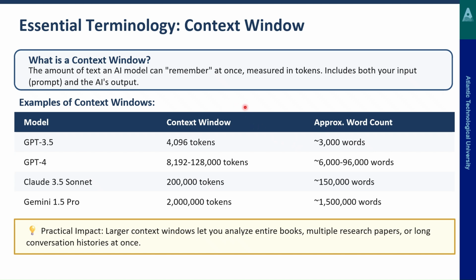So it's not going to remember what you were chatting about, and you're back to square one again. We'll look at that again when we get into the limitations. But before we even get there, it helps to understand that this context window is the limit on the tokens that we can process, and that includes both my input tokens and the output, the answer that I get back from the model.